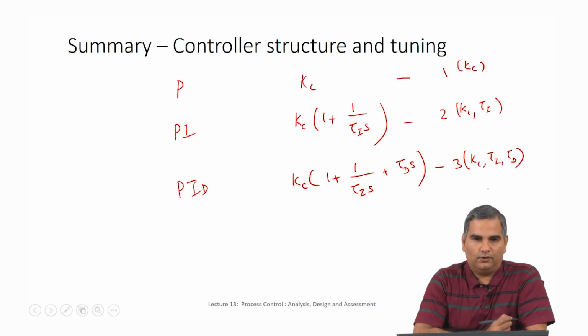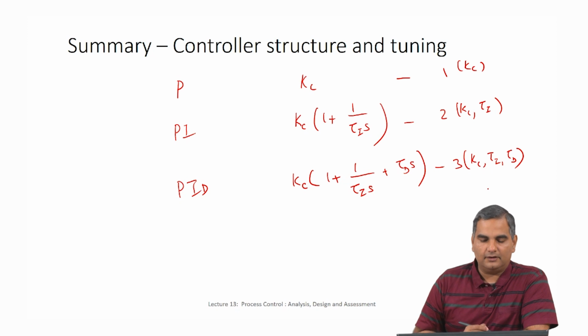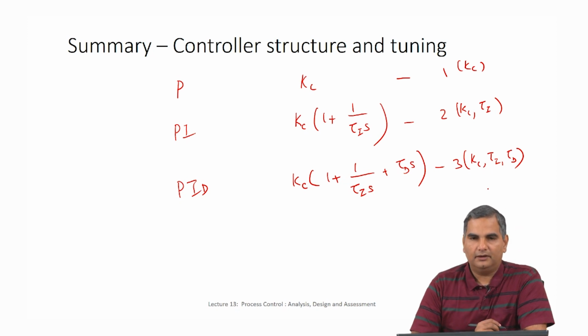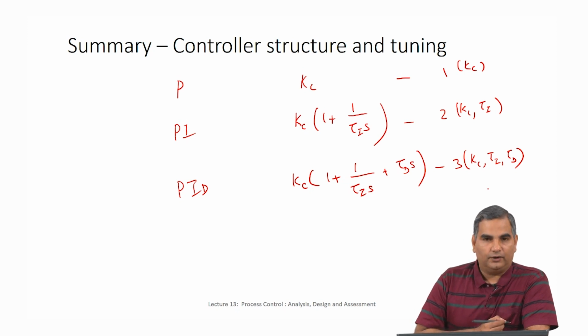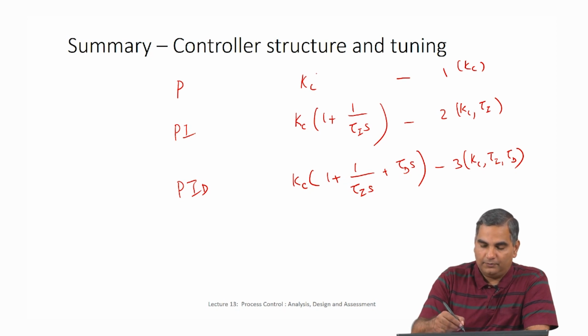So, when we talk about choosing a control structure, we talk about whether we are going to choose a PI or a PID controller. That is what we talk about when we talk about a controller structure. And when we talk about tuning, then we talk about what values do we keep for Kc.